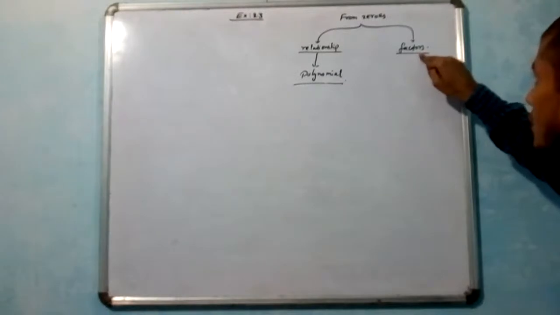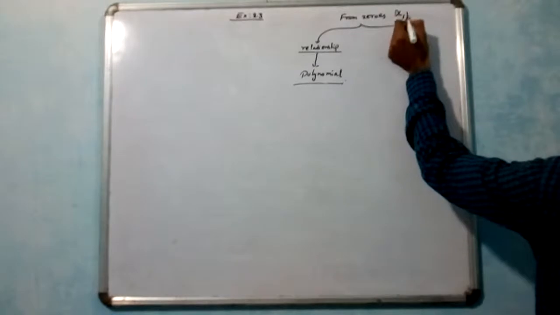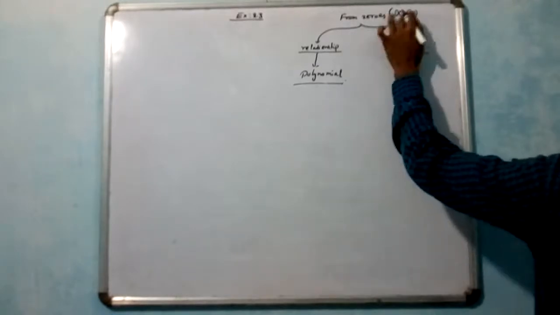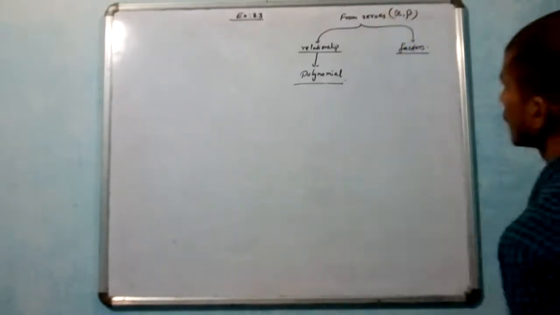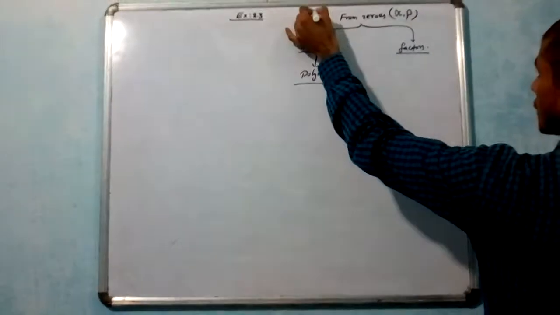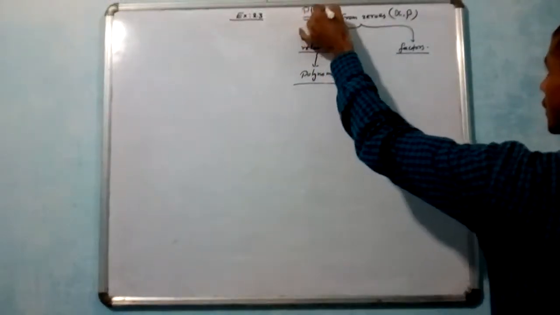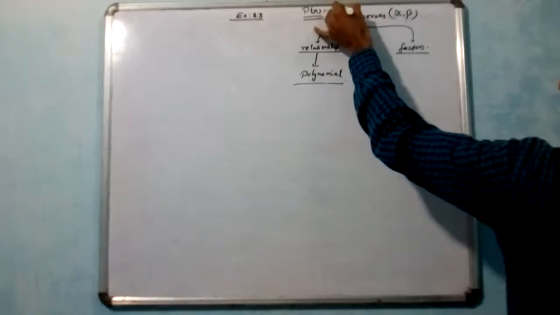What about these factors? How to obtain the factors? If we have zeros, alpha and beta, so how to obtain the factors from alpha and beta if the polynomial is p of x, that is ax square plus bx plus c?